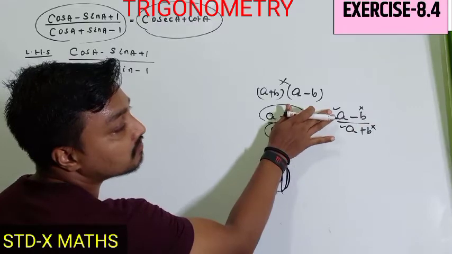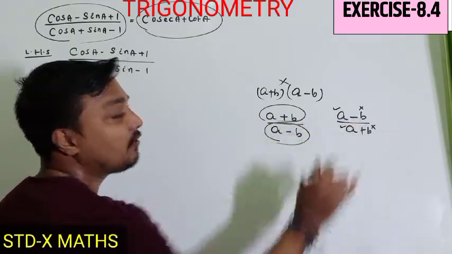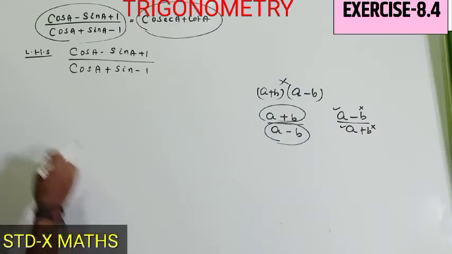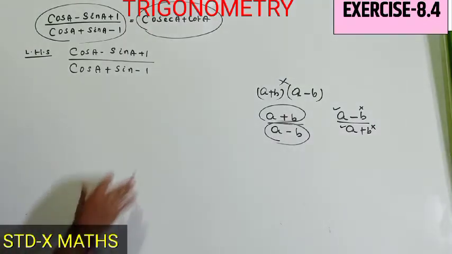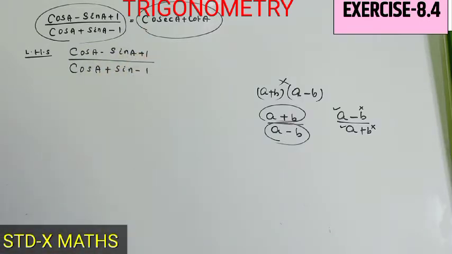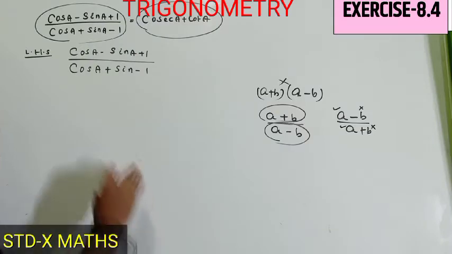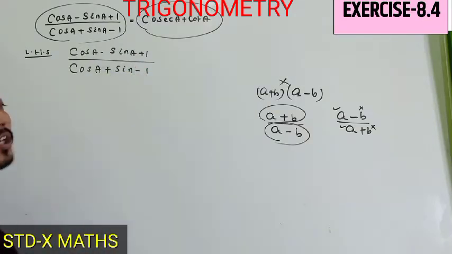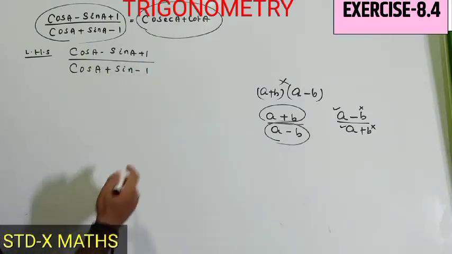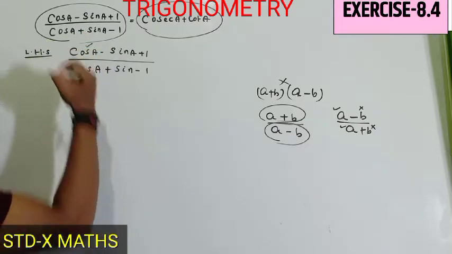Here the upper one is the numerator and the one below is the denominator. In the numerator there are 3 terms, and the denominator also has 3 terms.